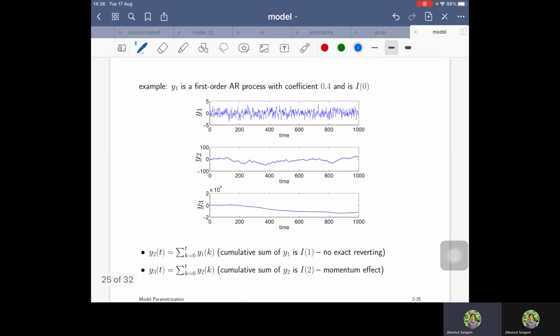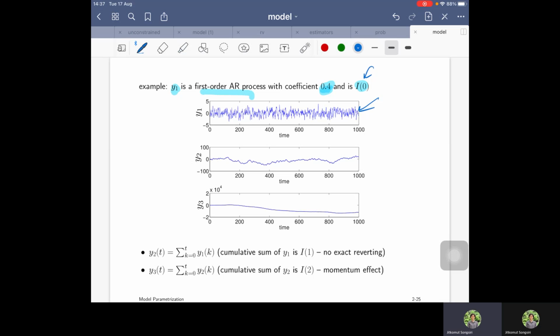This is an example I took from a time series analysis textbook. Your Y1 is a first order AR process with coefficient 0.4, which is obviously stationary. So we say it is I(0), an integrated model of zero order, because we need zero order differencing. This is how it looks for a stationary AR process.